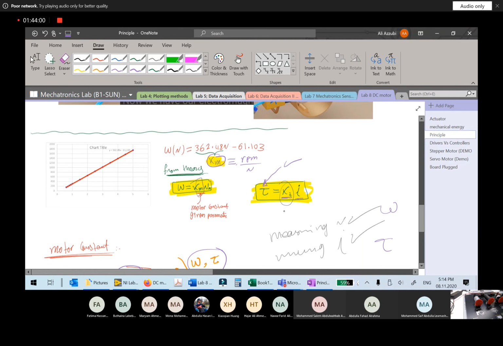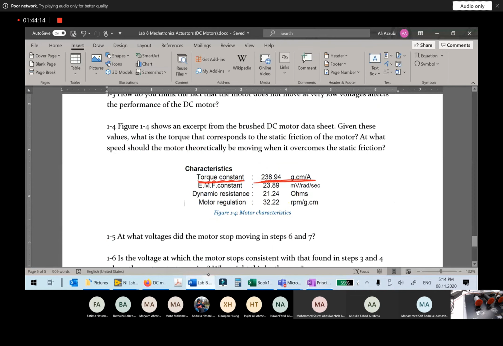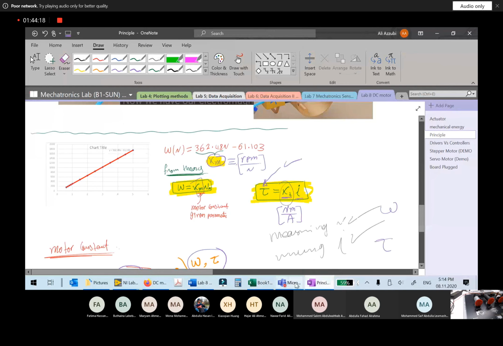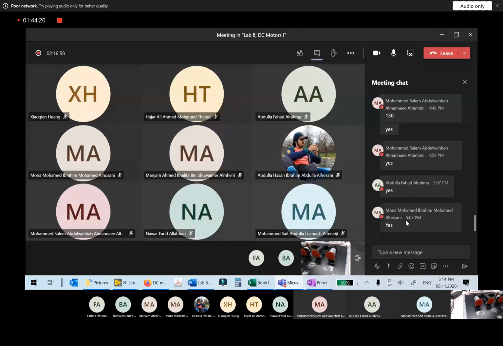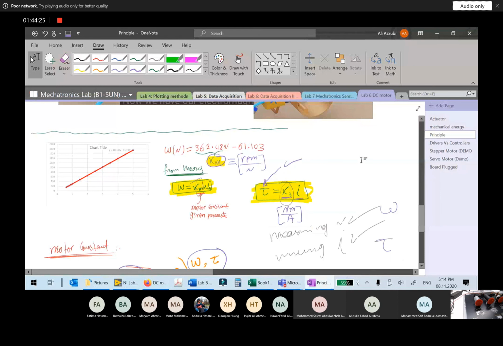Newton meter per ampere. This is the unit. Okay. Now we need to convert this to gram centimeter per ampere in order to compare the two values. All right. So even if they are not equal, it's fine.